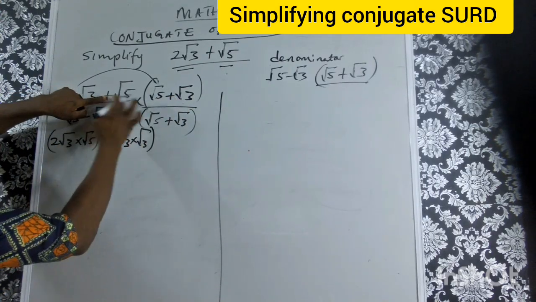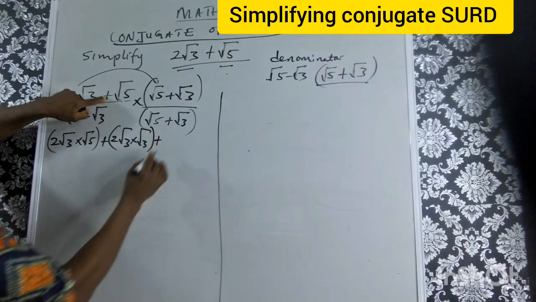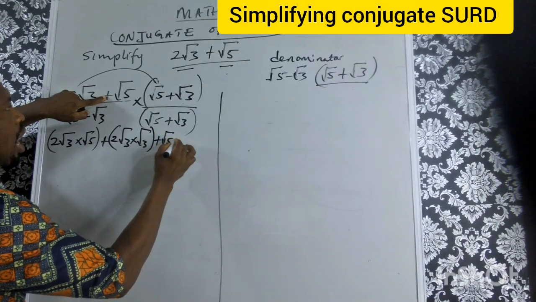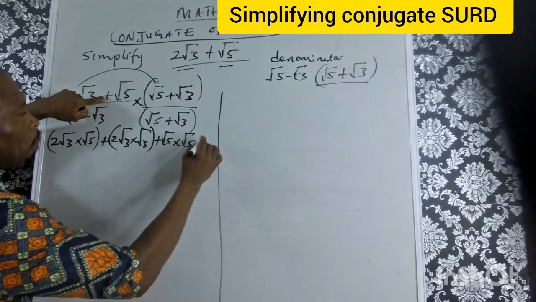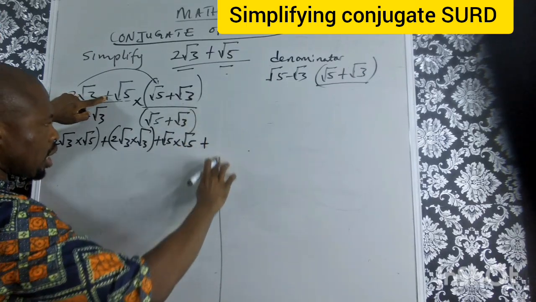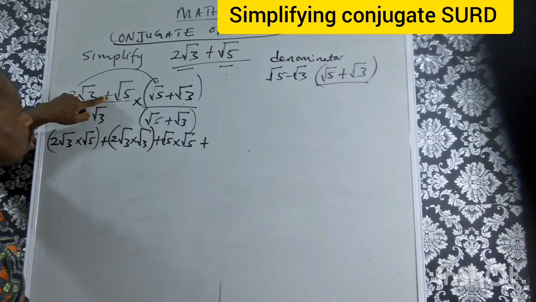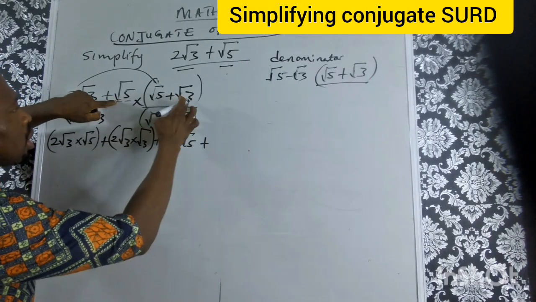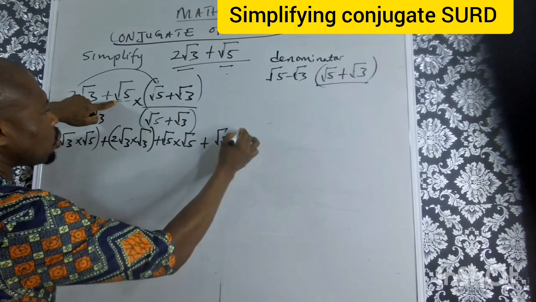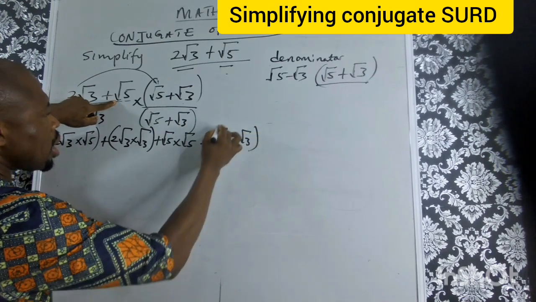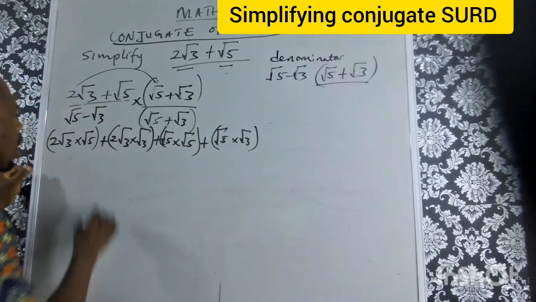Now we come here, use this to multiply it, plus root 5 times root 5, plus this times this, plus root 5 times root 3. Remember to always put them in brackets.